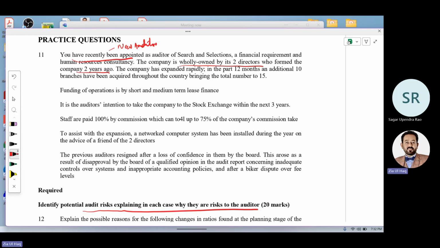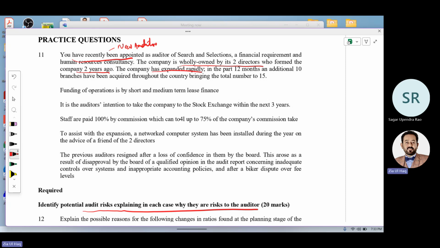Is it an error? It's due to a chance of misstatement. Because if there are chances of bad debts, you need to create a provision for doubtful debts. How? Irrecoverable debt expense debit, receivable credit. And if the company is not recording this, how should we write it in the Excel? The company has rapidly expanded.